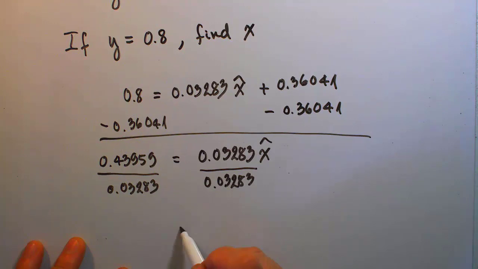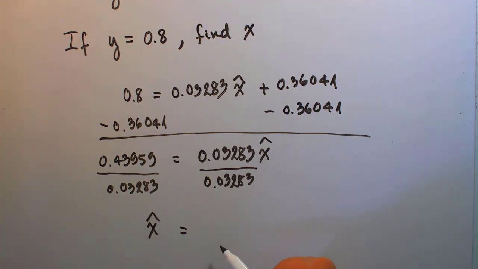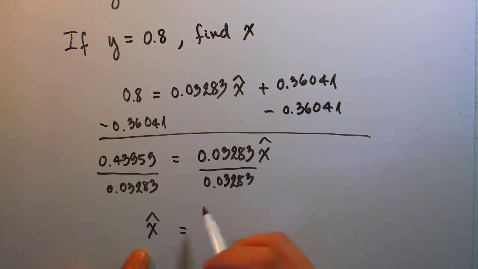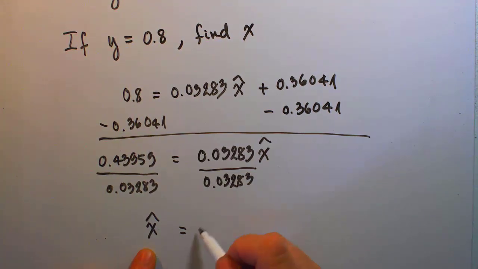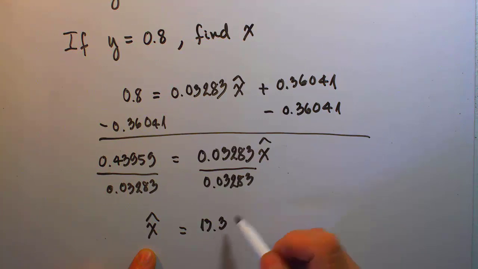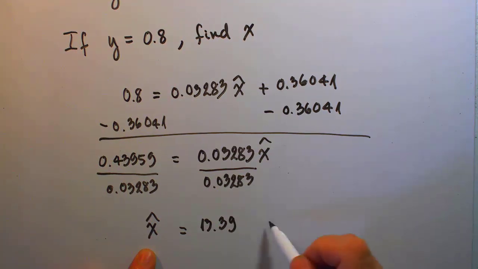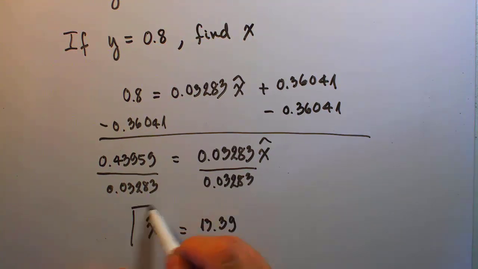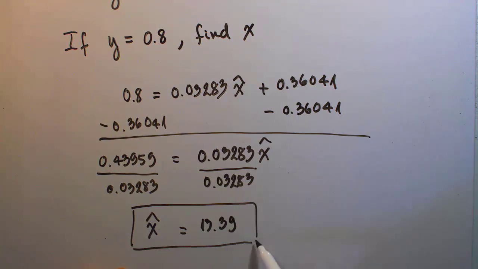Now allow me to write the variable on the left hand side, and my calculation shows x hat equals 13.39. Actually, we don't need to round here, so 13.39 is about the best.